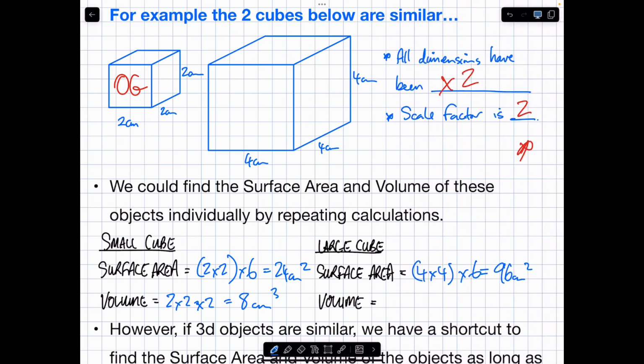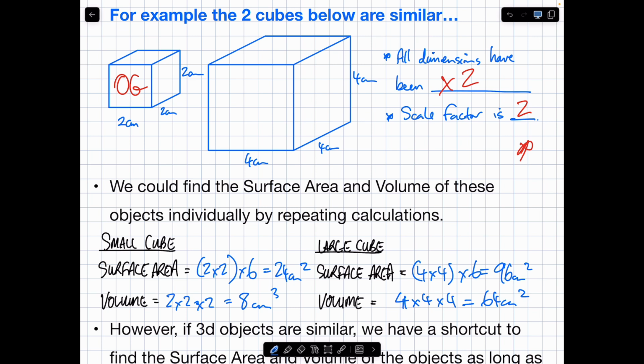The volume is 4 times 4, 16, times 4, which is 64. That's reasonable to do because how many shapes are you finding the surface area and volume of? Just 1.